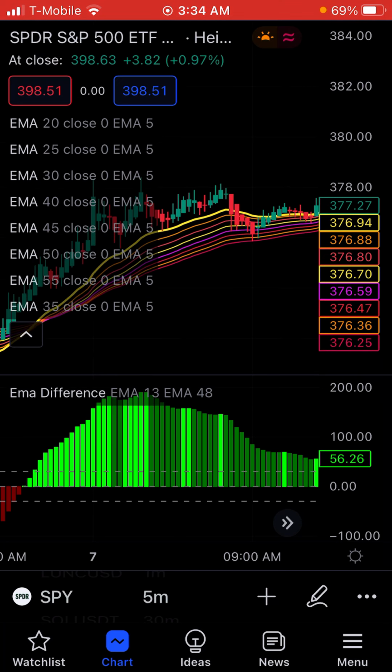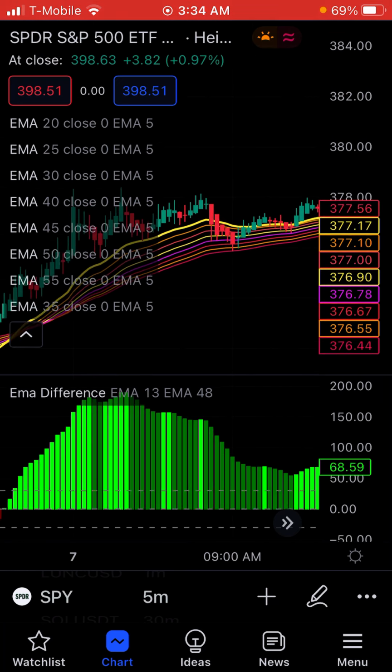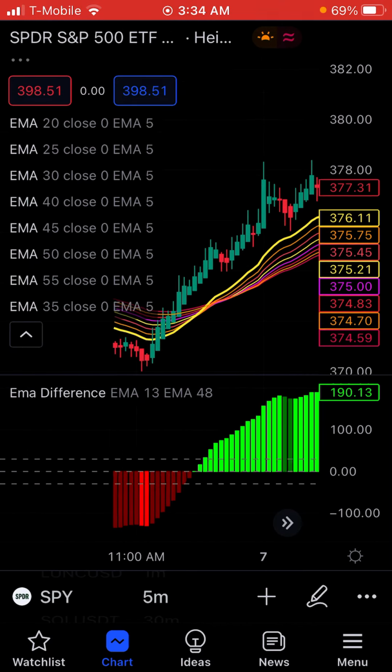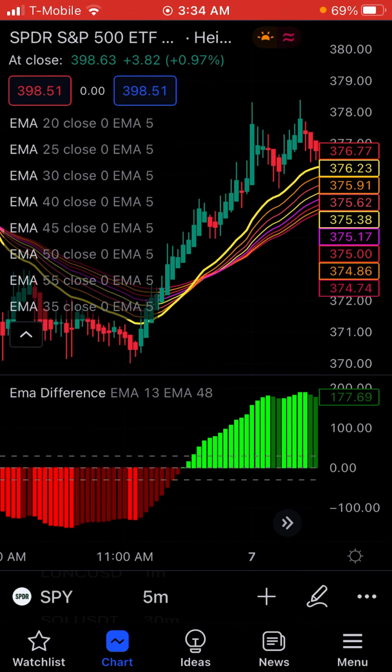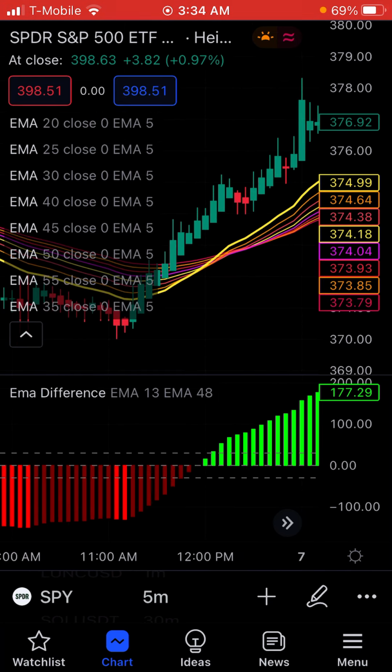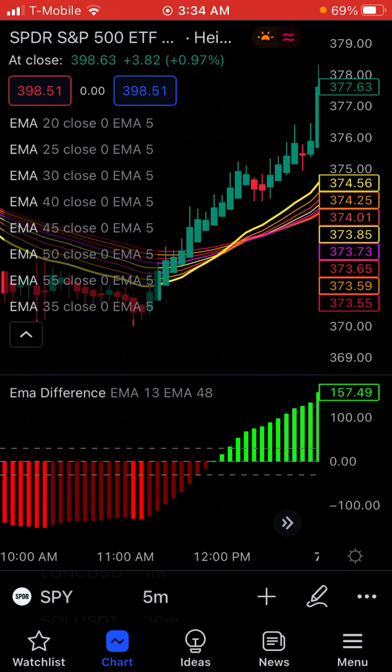Right there, the 20 EMA is the one on the top. That's the one you've got to keep your eye on. So the moment that you put in your entry, you need to wait for the collision when you're looking at it with the rainbow. I'm going to call it the rainbow strategy.